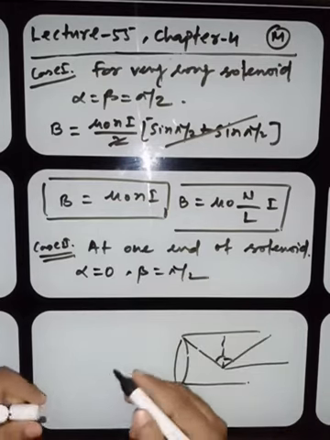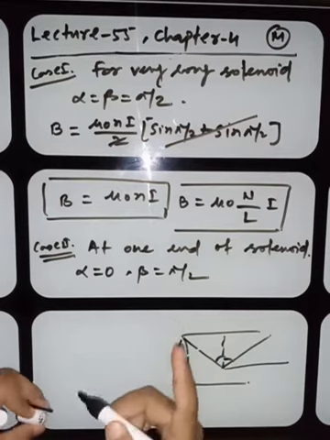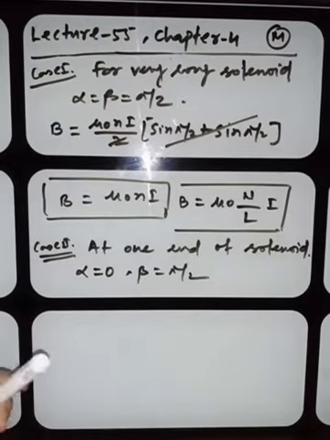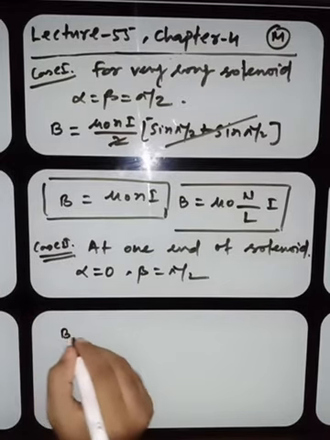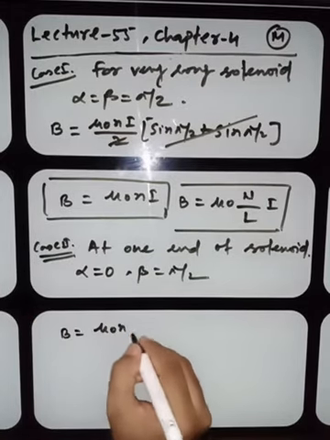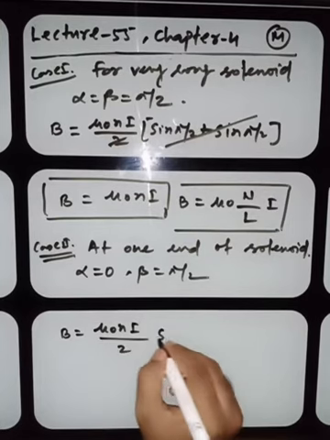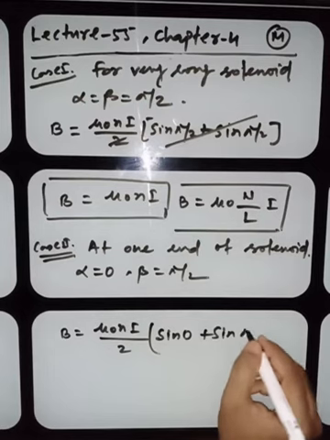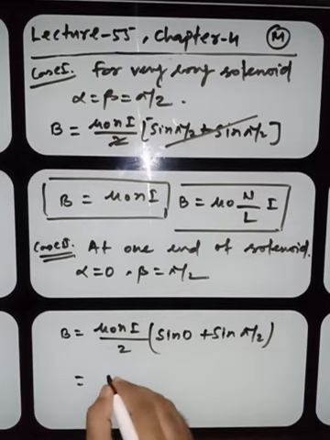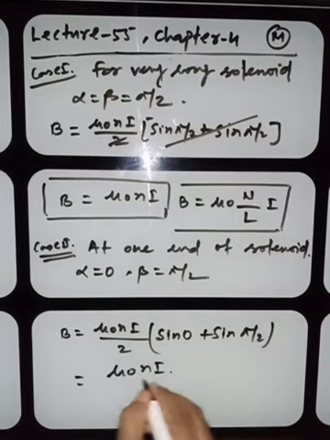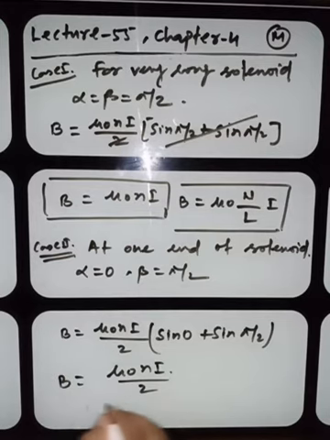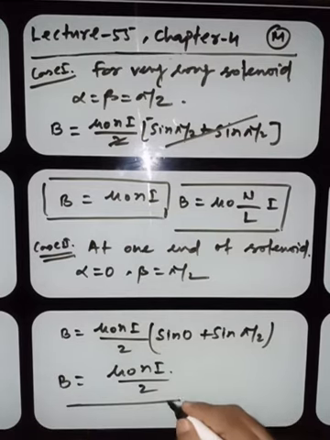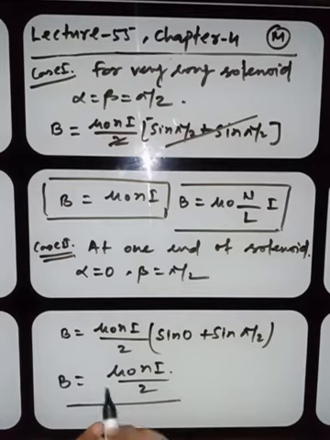For a very long solenoid, the magnetic field at any end will be B equals mu naught nI by 2 into sine 0 plus sine pi by 2, and it is mu naught nI by 2. So you can see the magnetic field at the end is decreased by half.